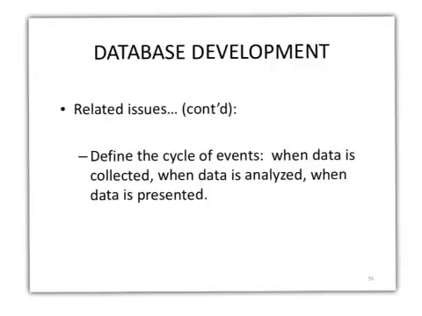Another issue is you also have to define the cycle of events. That's a very important issue. That would include when the data is collected, when the data is analyzed, when the data is presented. You can even put a date when the data will be transferred from paperwork to the software.